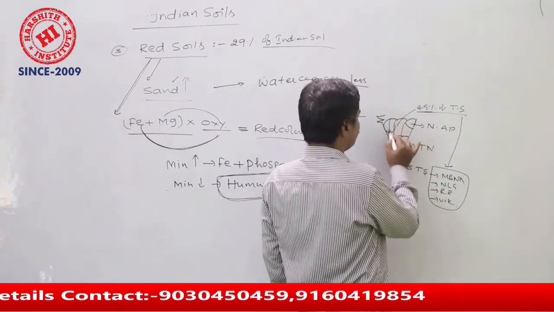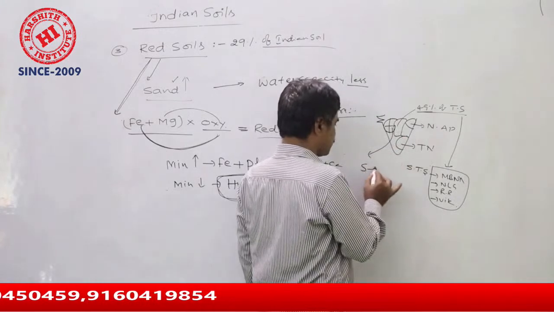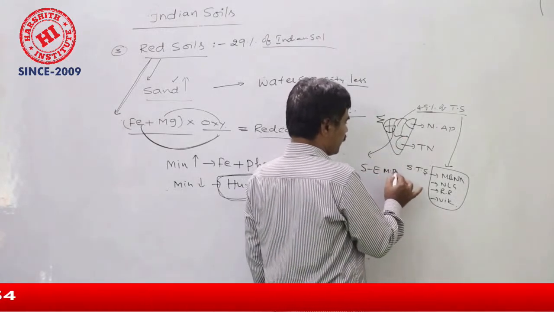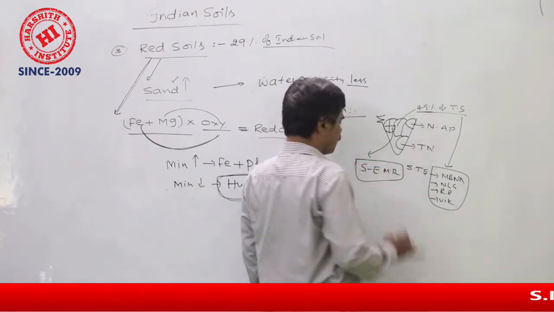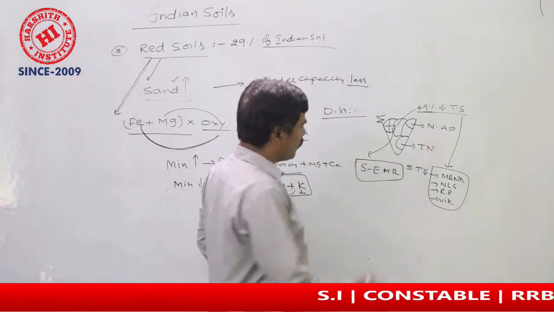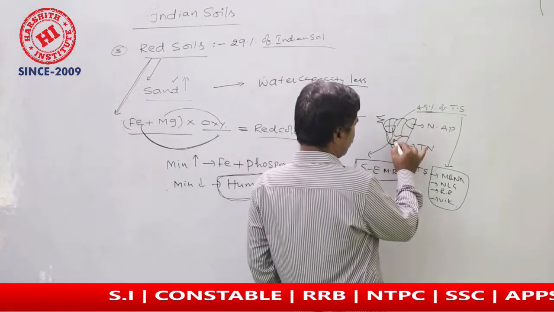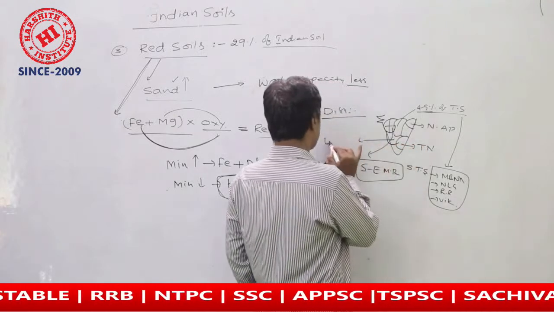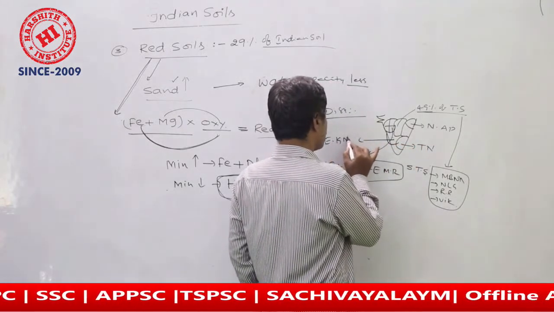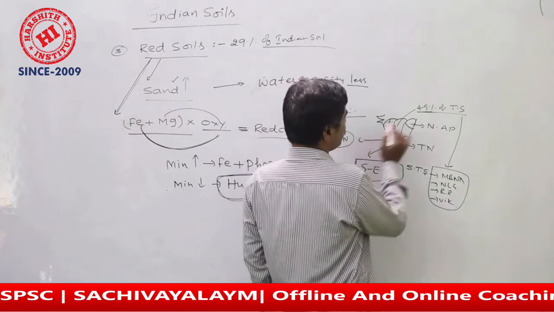In Maharashtra, the southeastern side has a high red soil percentage. In the eastern side of Karnataka, it is also maximum.